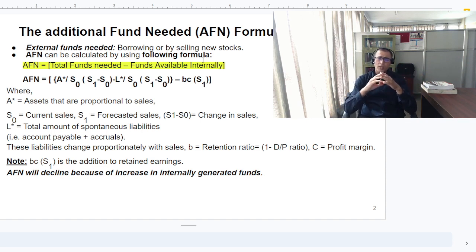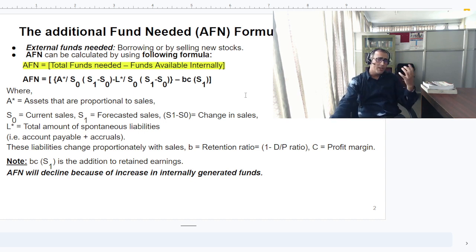That could be sourced either by borrowing or selling new common stock. Borrowing is all about debt, and selling is about a public limited company listed in the stock exchange, like in Nepal, the Nepal Stock Exchange, in India, Bombay Stock Exchange, New York Stock Exchange in the US context. Okay, each country may have many stock exchanges.